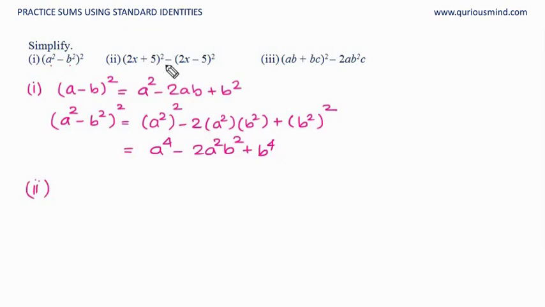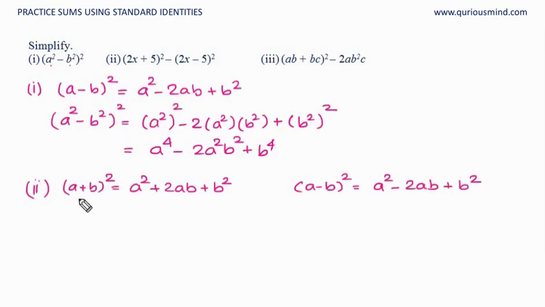Here a plus b square minus a minus b square. So we are going to use both the identity 1 and 2. I'll write the identities first. So let's do this. 2x plus 5 whole square minus 2x minus 5 whole square.